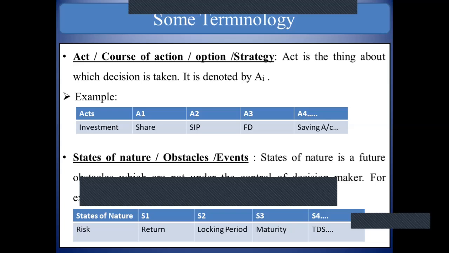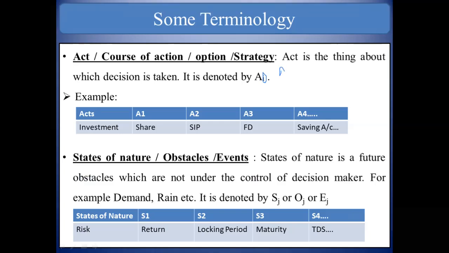Basically act is denoted by capital A. Sometimes you can use C also, but most probably we will denote it by A_i, where i indicates act 1, act 2, act 3, and suppose there are n acts, so we can say up to act n.